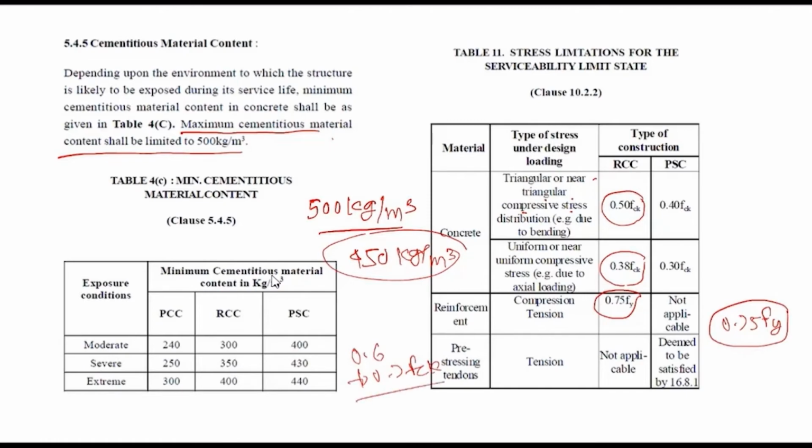The second is creep, because creep is proportional to stress up to 0.5 fck. At higher stress in service condition, there are chances that the creep strain will be more. So to minimize the creep strain and to restrict the initiation of micro cracks, we generally restrict the stresses in concrete in service condition.